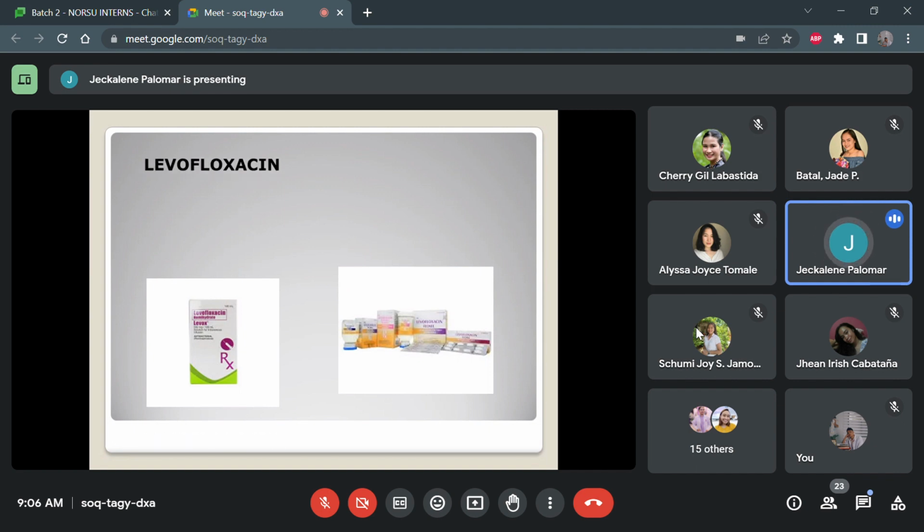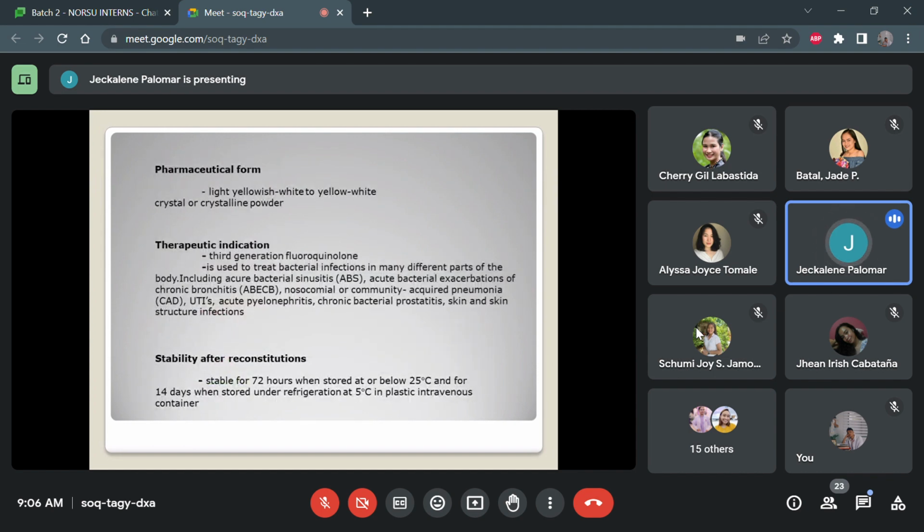The next example of a fluoroquinolone is levofloxacin. The brands are Floxel 500 and Levox 500 milligram vial. The pharmaceutical form is a light white or yellow-white crystalline powder.